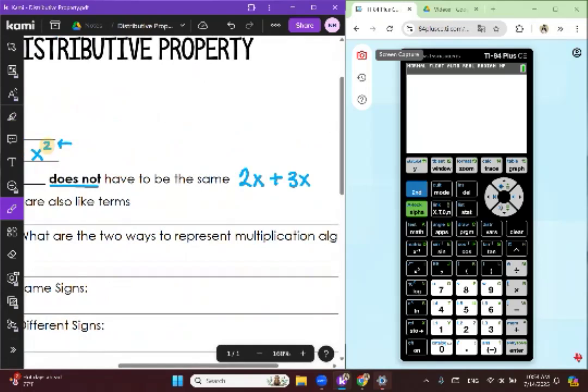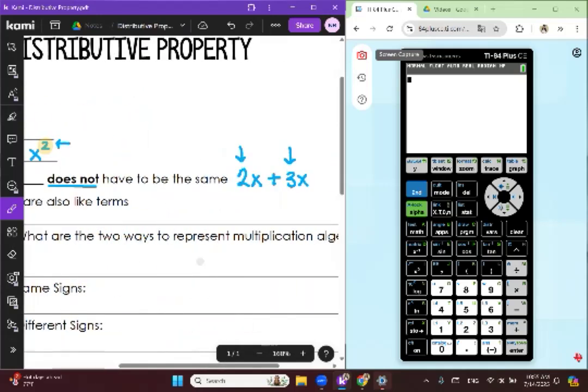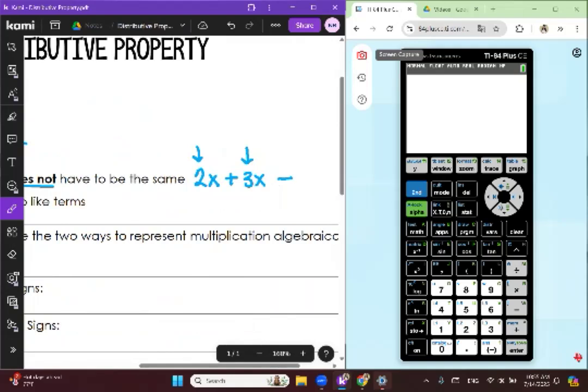What do we call a number in front of a variable, attached to a letter? It's called a coefficient. So the coefficient does not have to be the same in order for us to add them. Remember, combining like terms, we're not solving equations, so there's no equal sign. 2x plus 3x gives us 5x.